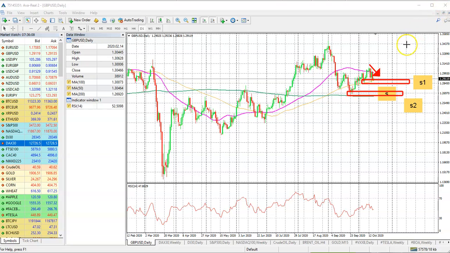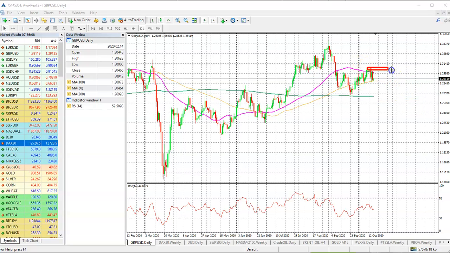Now, in terms of resistance, if the price does come out of this particular zone, your resistance is going to be, sorry, let me just delete that. Your resistance, or your take profit, is going to be right over here. This is the price level that we'll be very much looking at.